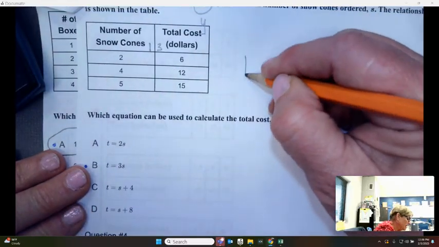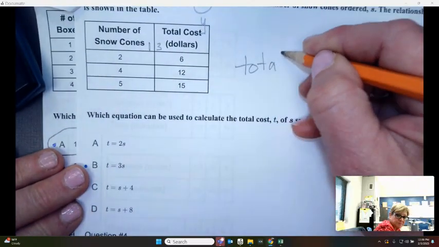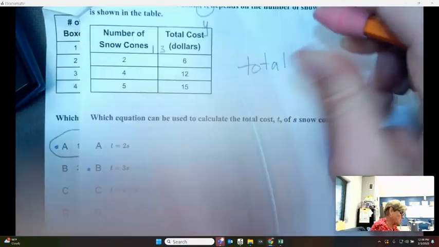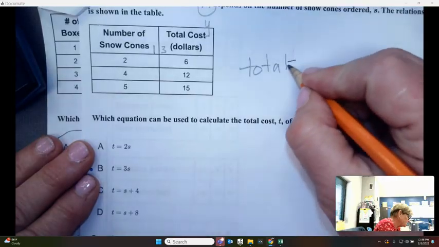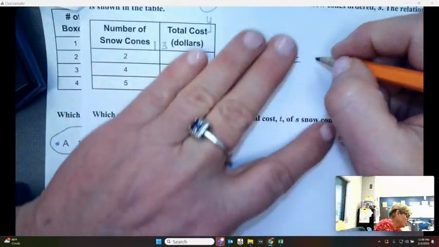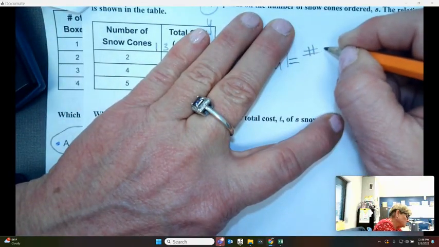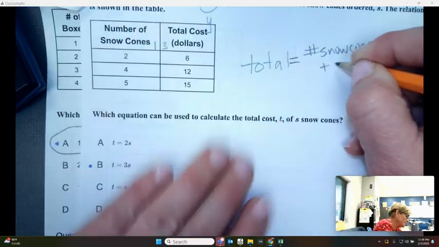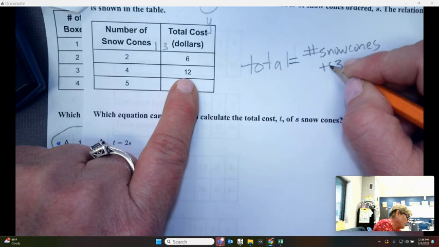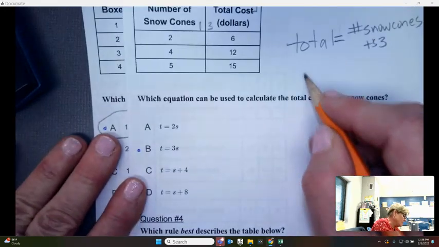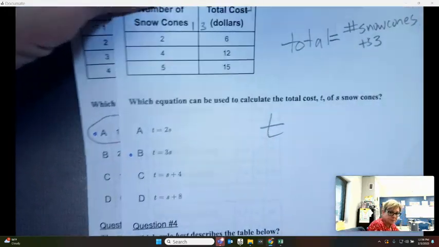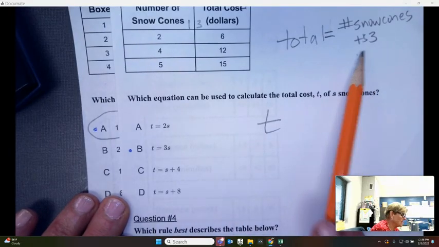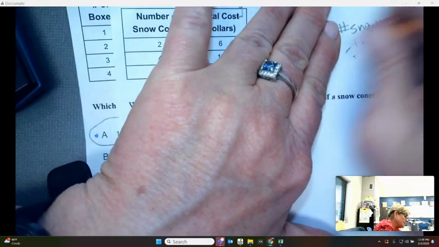Well, that should be easy, because the total is going to equal the number of snow cones plus the cost of each, which would be $3. So if I look at that, the total is going to equal, not plus, it's multiplied by.